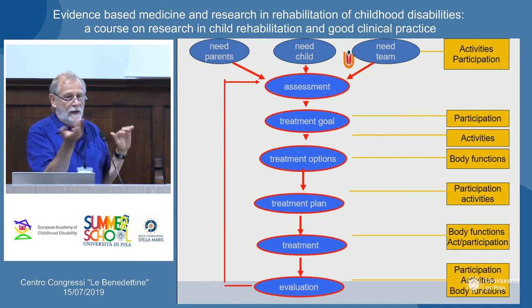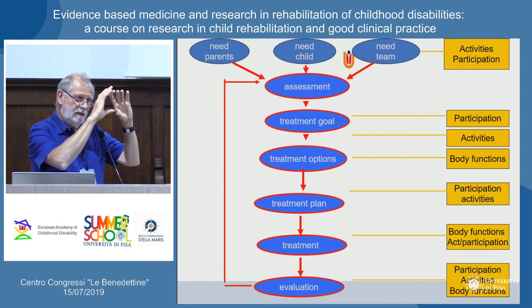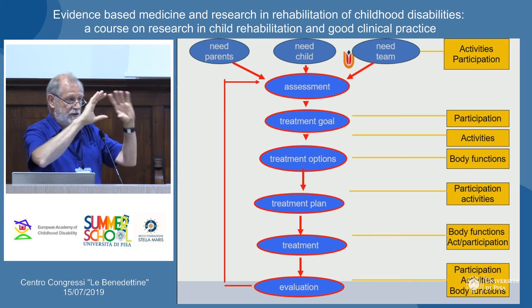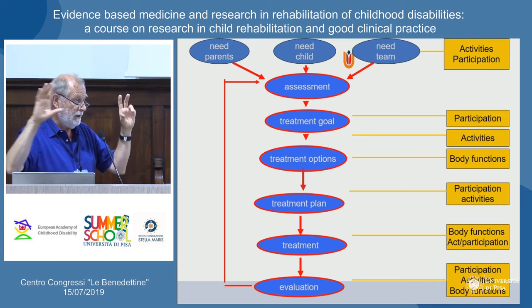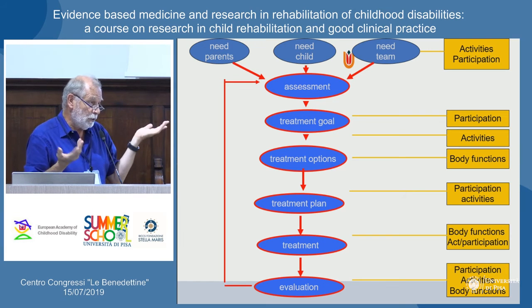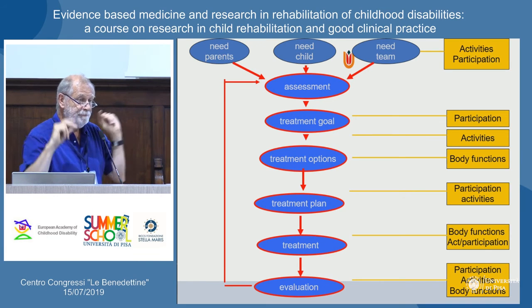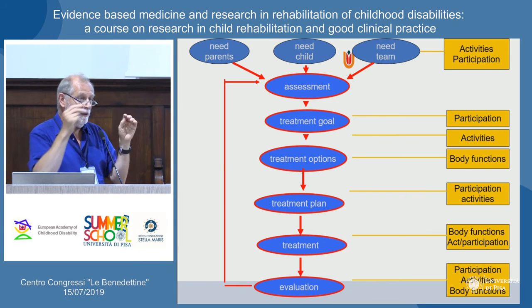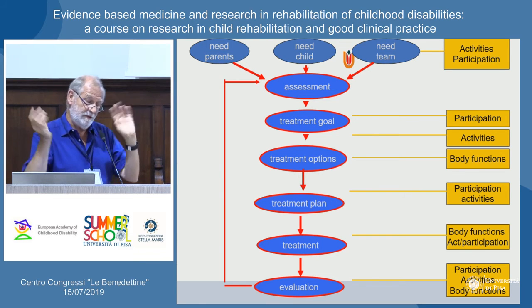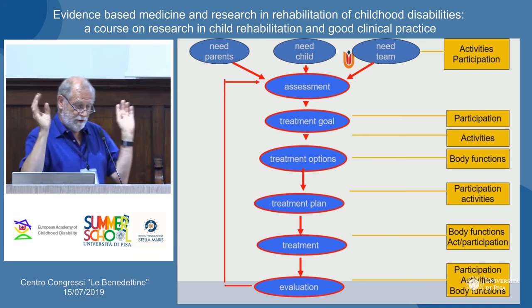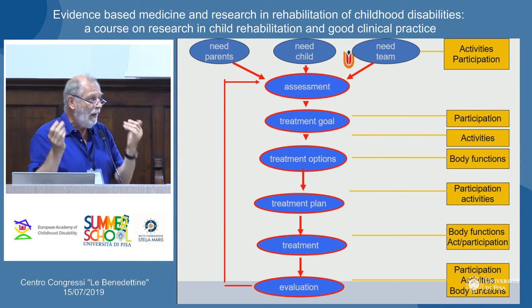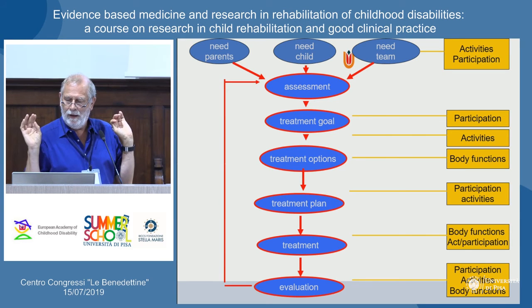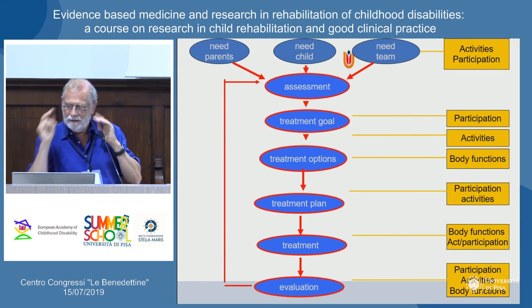So in a study, you can define your primary aim as, for instance, to improve walking speed. Walking speed is on the activity level. And you can be precise, up to 4 meters per second.